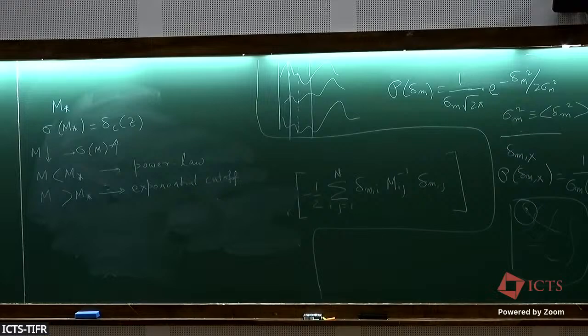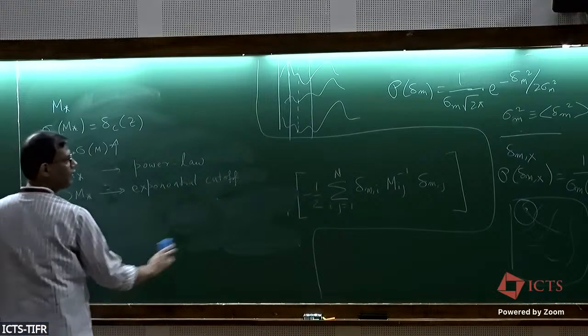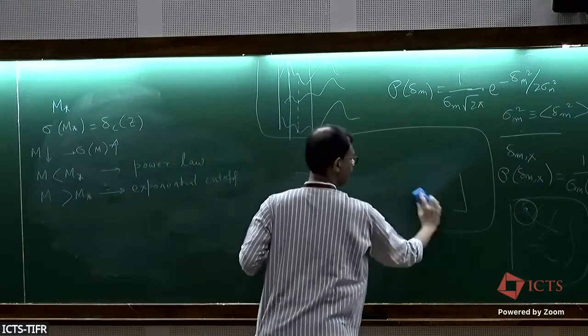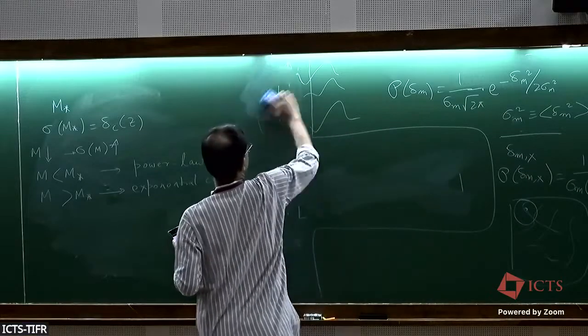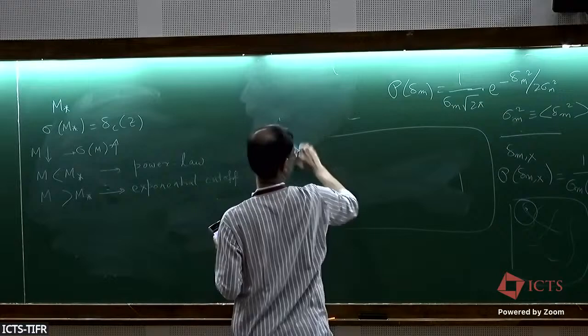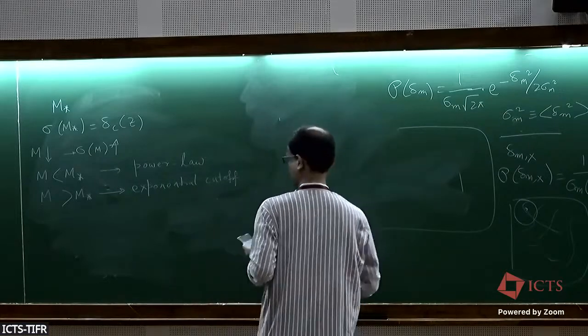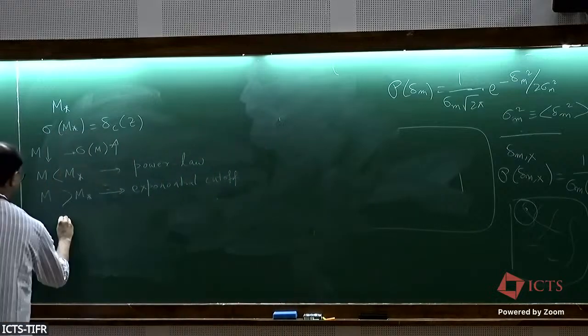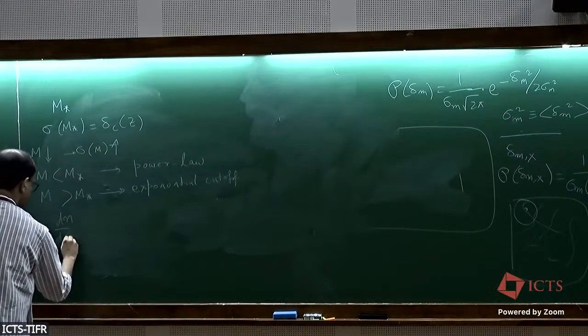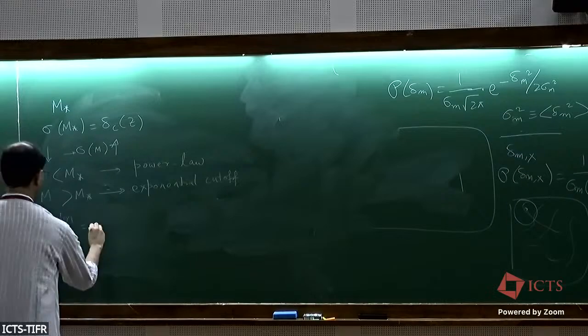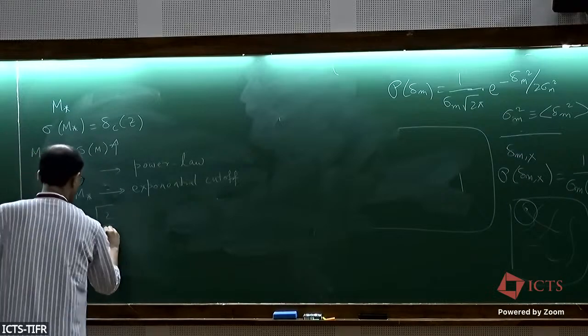Often this dn/dm is written in a slightly different form, and let's do that. dn/dm is also written as root over 2 by pi.